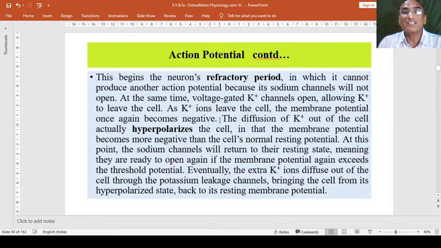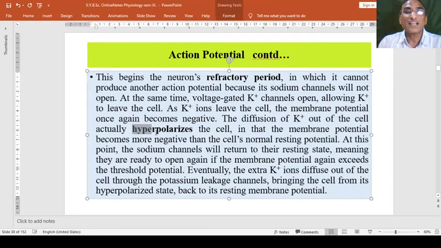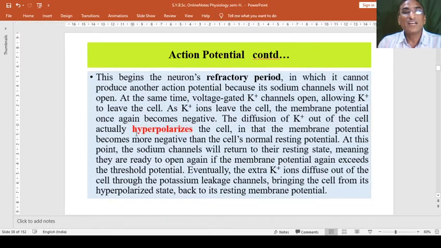We have already studied the positive and negative millivolt values and positive and negative ions and their movement through the membrane, where the potential changes from positive to negative. And this diffusion of potassium out of the cell actually hyperpolarizes it. This is one more thing to be explained here, hyperpolarization.